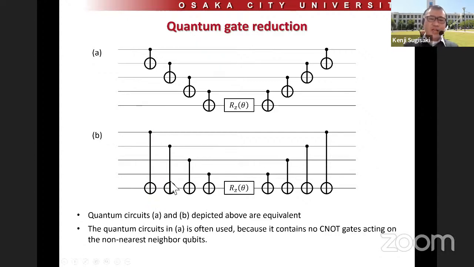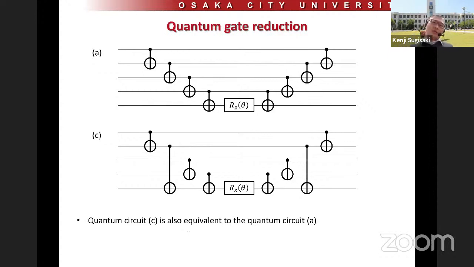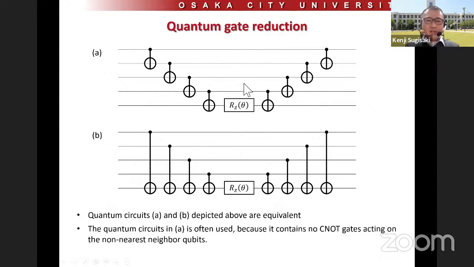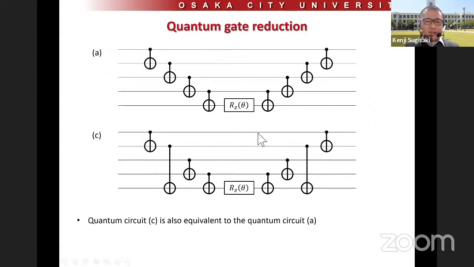But this kind of transformation can be used to reduce the number of single gates in the time evolution quantum circuit corresponding to time evolution operators or electron excitation operators in unitary coupled cluster. So also, by using this kind of equivalence, we can say that this quantum circuit C is also equivalent to the quantum circuit depicted in A.